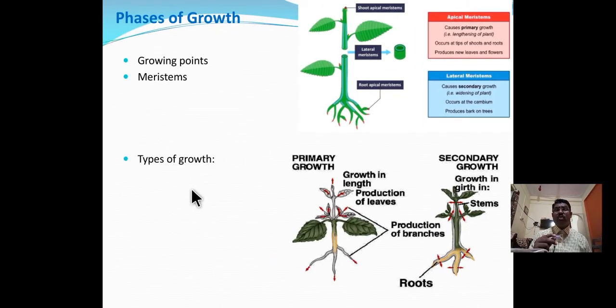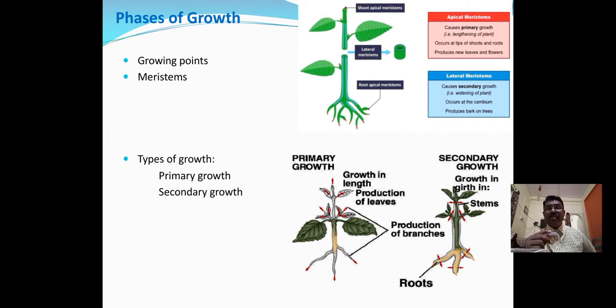There are two types of growth: primary growth and secondary growth. The meristematic regions, the root apex and shoot apex, are responsible for primary growth in the plant. The intercalary meristem is responsible for increasing the length. The apical meristem is also responsible for increasing the length.